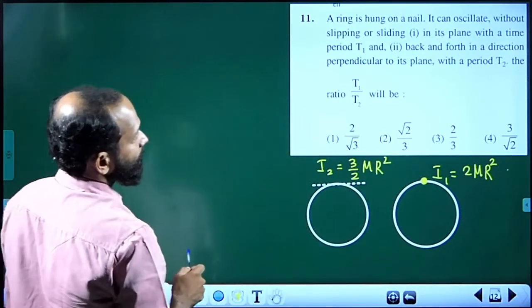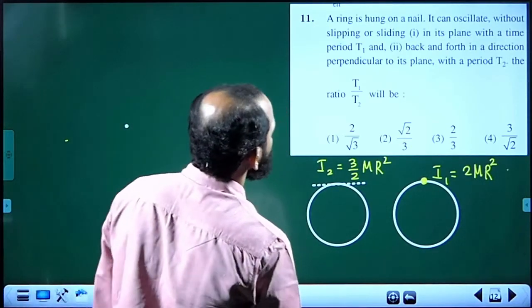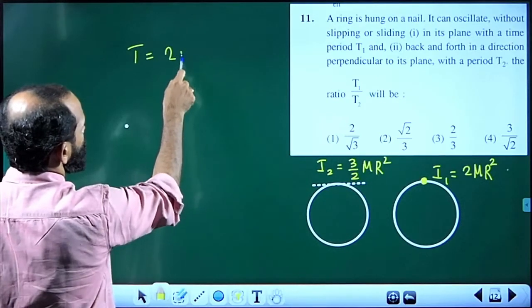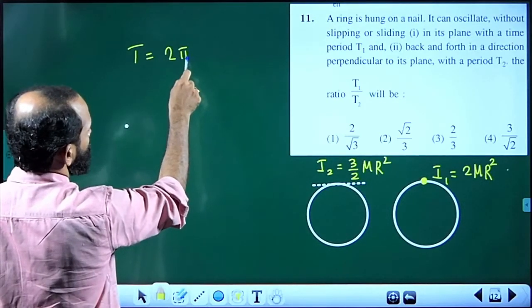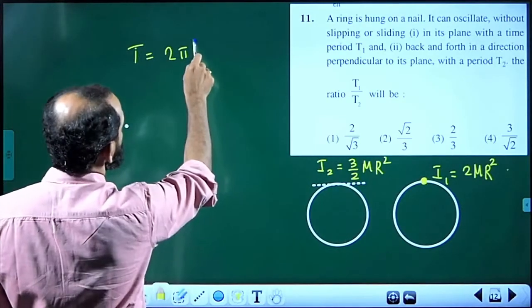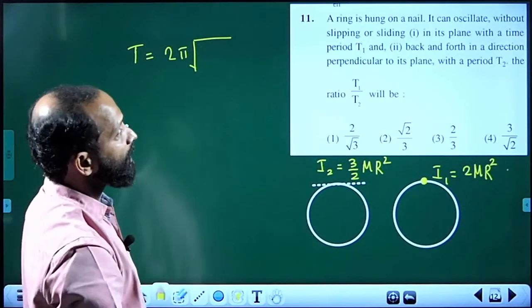Also we know the time period is 2 pi square root of I by mgd, the time period of a physical pendulum.